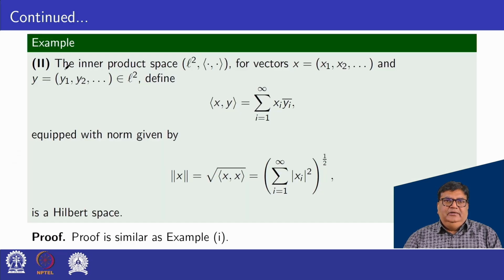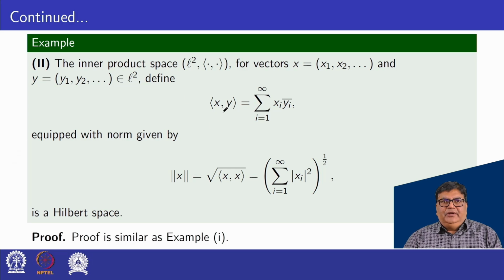Example second, the inner product space L2. For vector x belonging to L2, that is x has infinite dimension x1, x2 and so on, and y is equal to infinite dimension y1, y2 and so on, both belonging to L2.